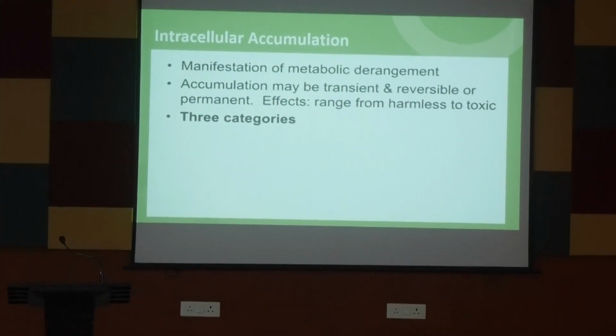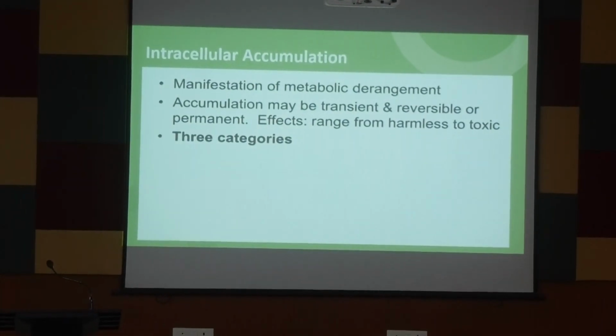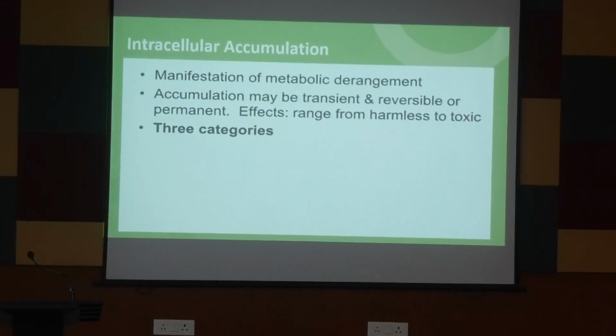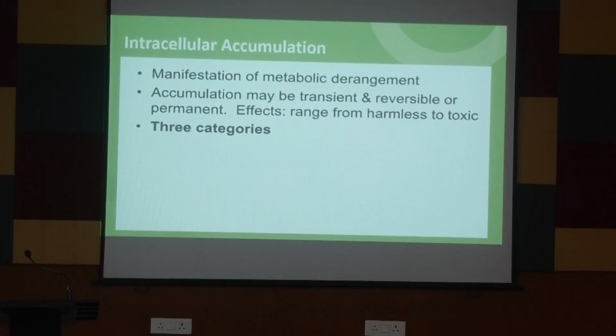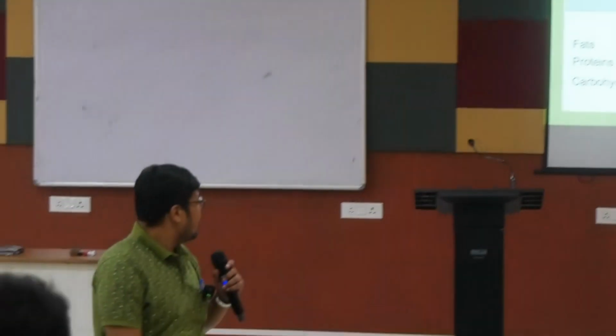There are three categories of intracellular accumulation. First, the byproduct of normal cellular metabolism. Next, accumulation of abnormal substances from abnormal cell metabolism. And third, and the last, is accumulation of pigment.